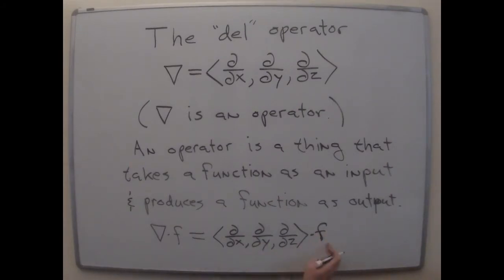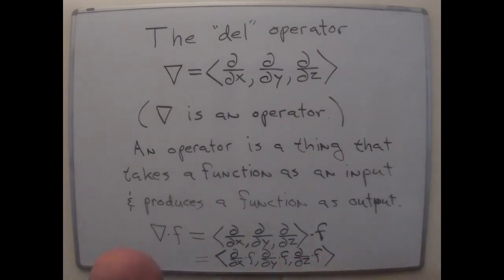If you had such a thing, you would just distribute the f in here. And so you would get a vector that had partial x times f, partial y times f, and partial z times f.